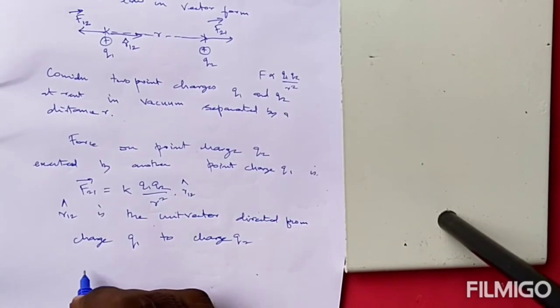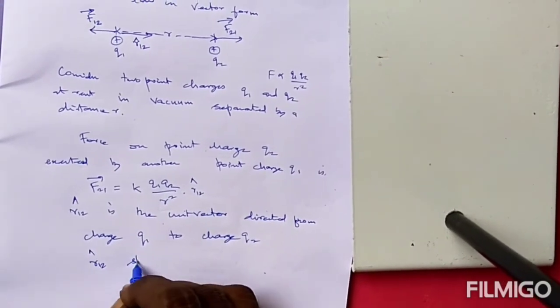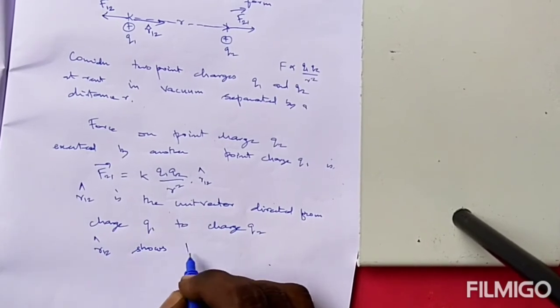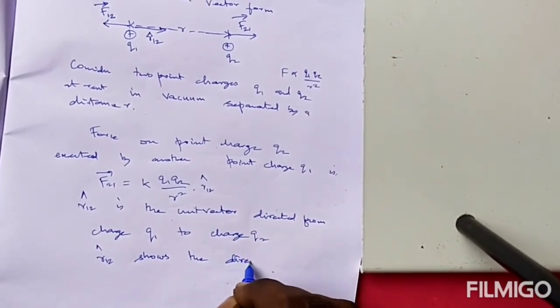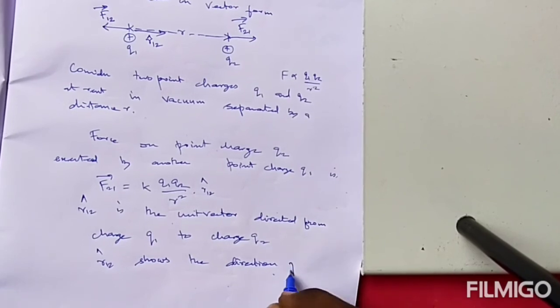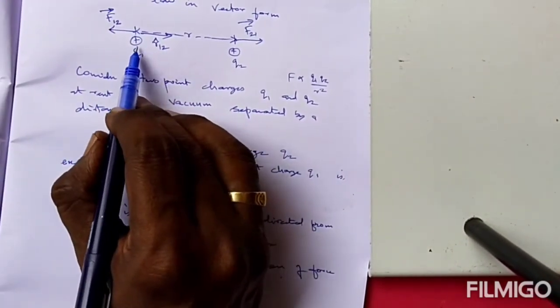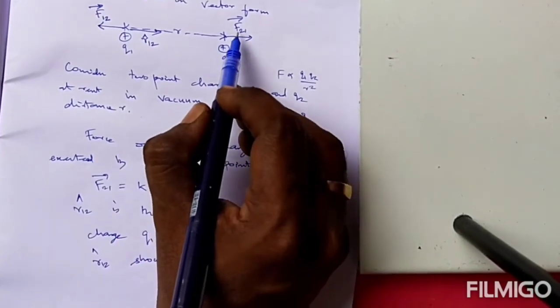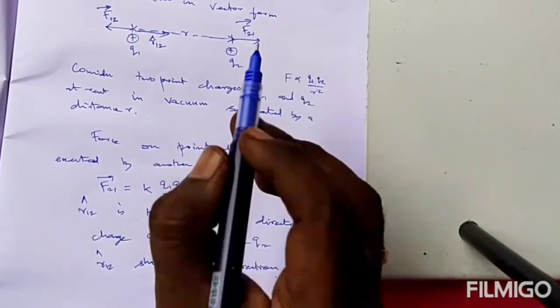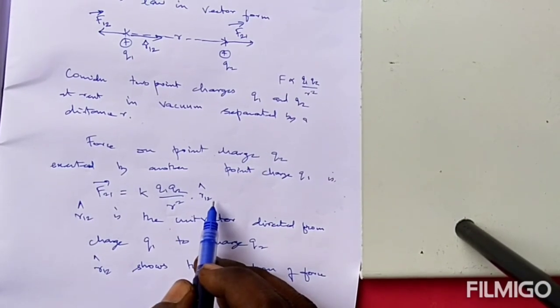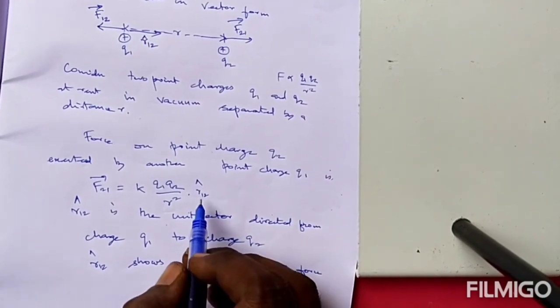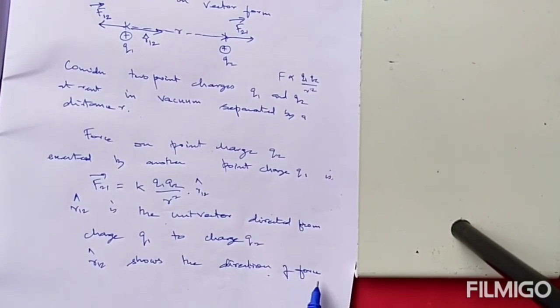R12 cap shows the direction of the force, because R12 cap acts from the charge Q1 to Q2. That's why when we write the equation F21 vector, we put R12 cap. I hope you will understand. R12 cap shows the direction of force.